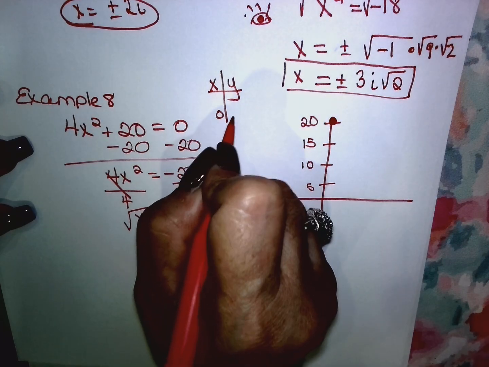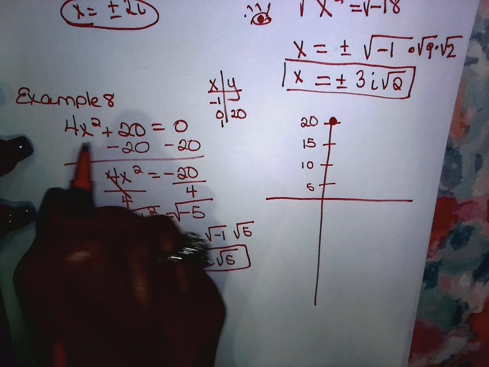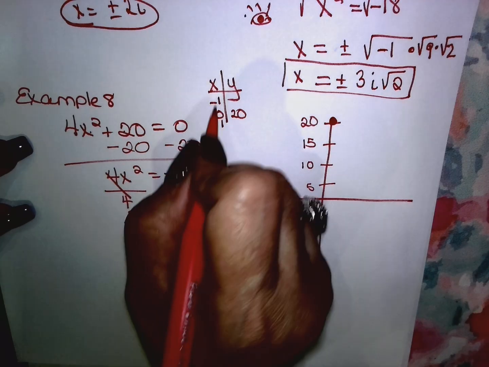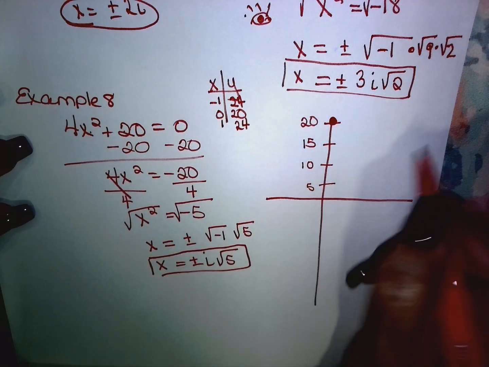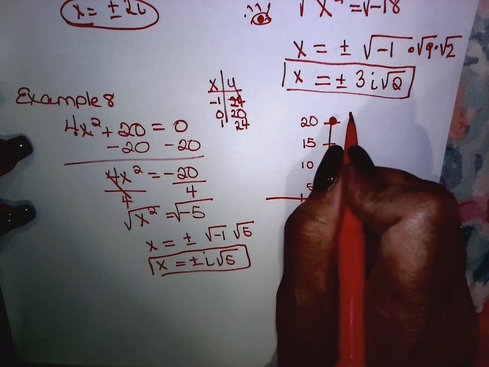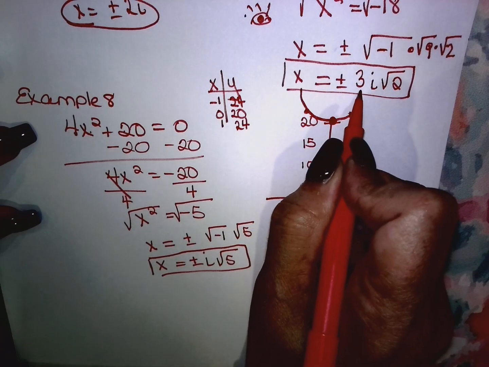We have (0, 20). We'll pick -1 and 1. If I plug in a 1 here, this is going to be 1 times 4, which is 4, plus 20 is 24. And you're going to get the same thing on the other side. So at 1 and at -1, you're going to be just a little bit higher. This thing is definitely opening up.